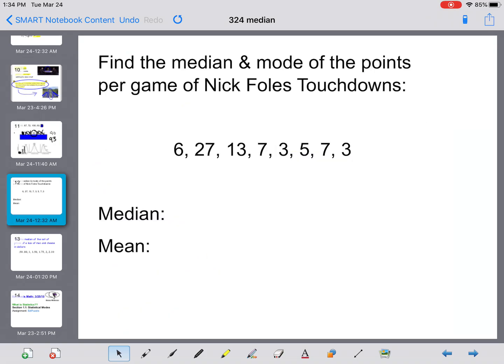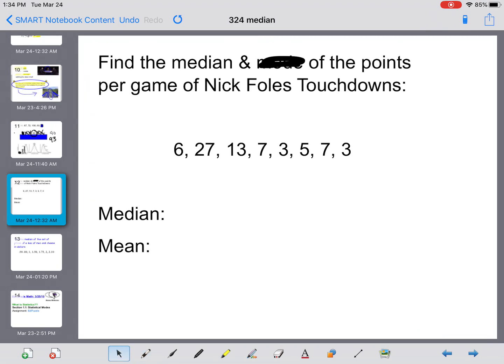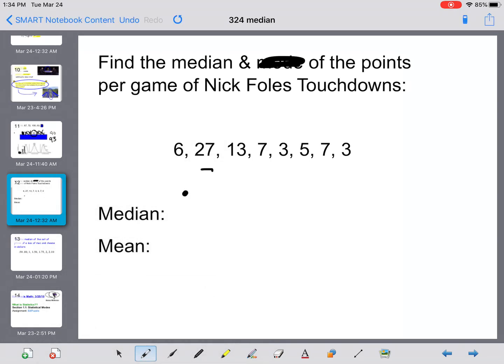So let's look at this example then. We find the mean and median. Oh, I have a typo here. That should be mean, not mode. So what we're going to do is we're going to put these in number order. This is something that can also be a little difficult just because if you have a larger set, sometimes it can be pretty easy to lose a number.